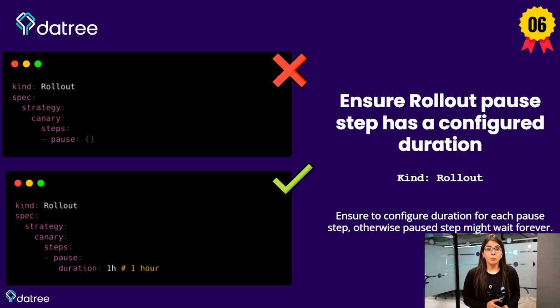However, if the pause step hasn't configured any duration, then the rollout will wait indefinitely until the pause condition is removed. This is why my personal advice to you and this best practice is for you to always make sure that you set the maximum duration time for every pause step, so no rollout will wait for you forever.